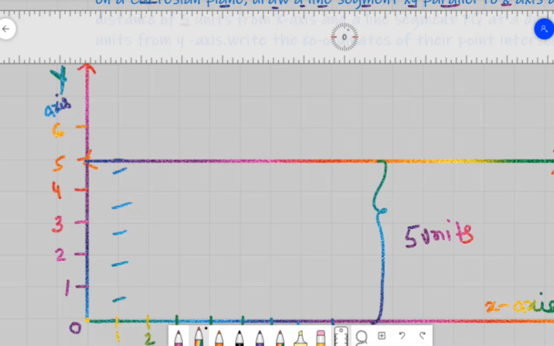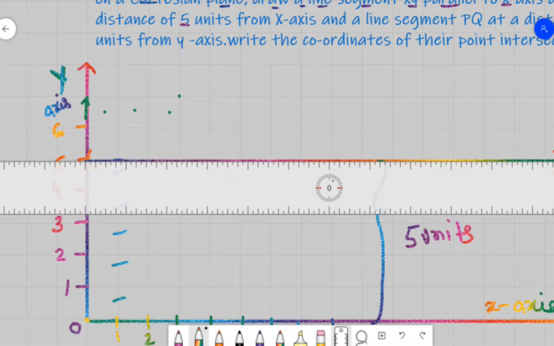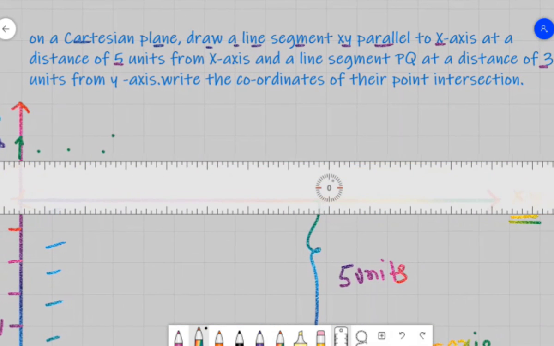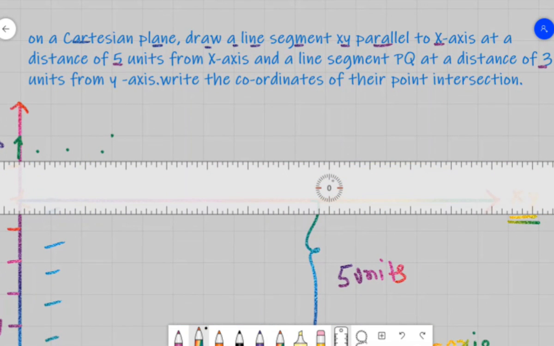This is your y-axis, and from y-axis you have to go 1, 2, 3 units. That means from here you have to draw one more line, which is parallel to y-axis, PQ at a distance of 3 units from y-axis.